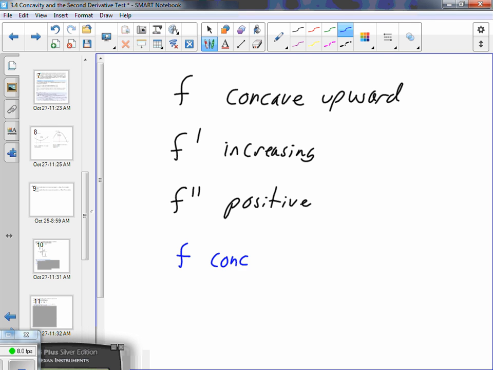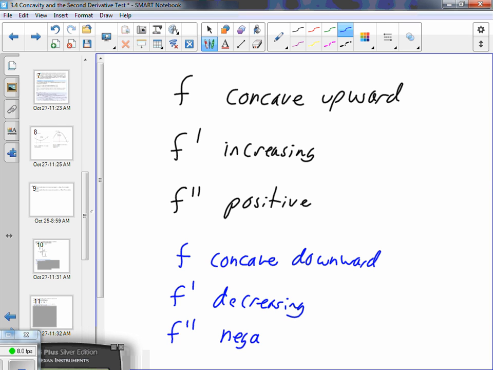If f is concave downward, f prime is decreasing, and f double prime is negative. So everything in black goes together, everything in blue goes together.